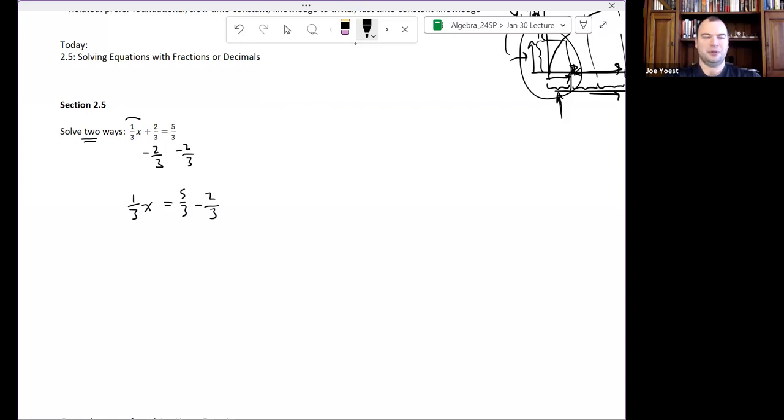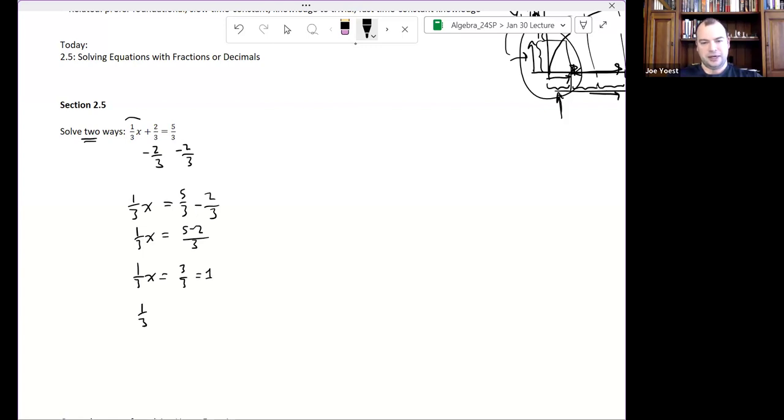After each step, I always want to simplify. So 5/3 minus 2/3, well, that's a difference of two fractions, but they have the same denominator. So I can just make that a 5 minus 2 all over 3, or 1/3 x equals 5 minus 2 is 3 over 3, which is just 1.